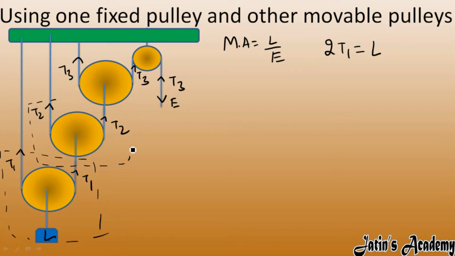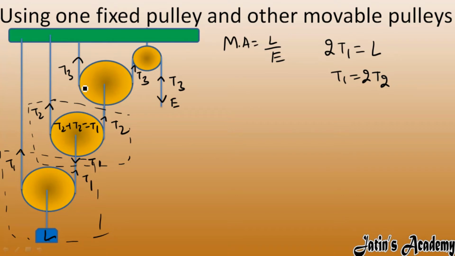For this pulley, tension is in the upward direction, but for this pulley, this same tension acts in the downward direction. Clear? So two tensions T2 and T2 balance the T1. So T2 plus T2 is equal to T1. So T1 we got as 2 times T2.